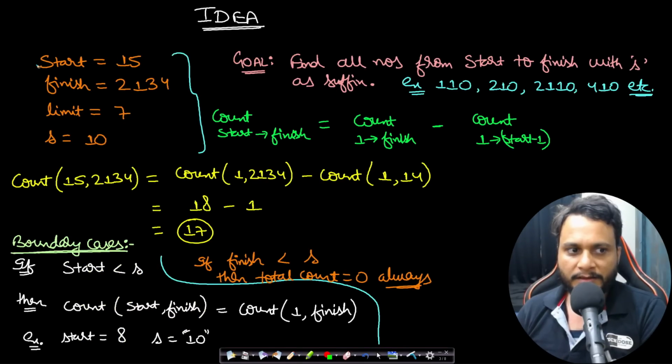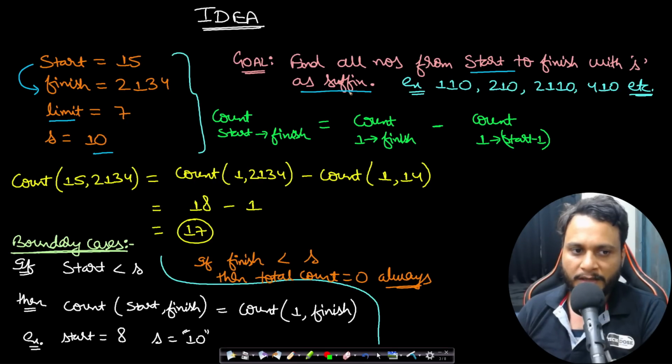In this case, if you are given start and finish values with the limit value being 7 and s value being 10, our goal is to find all the numbers from start to finish with s as the suffix. So we need to enumerate all the values greater than or equal to start and less than or equal to finish. That enumeration can be 110, 210, 2110, 410 and so on.